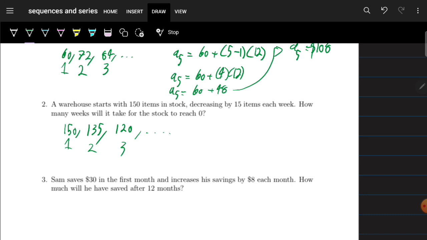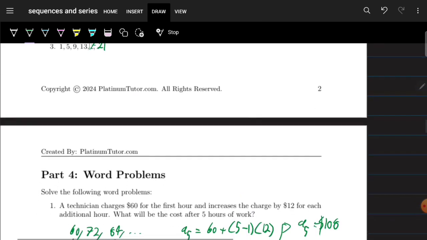We want to know how many weeks it's going to take until we reach 0. Well, let's say that the 10th term gives us 0. Just let's pretend this is the correct answer. Well, in that case, I would know that A10 is equal to 0, and I could set A10 equal to our arithmetic sequence formula.